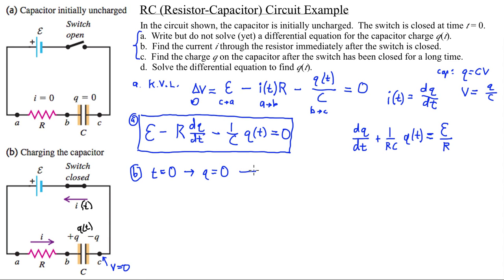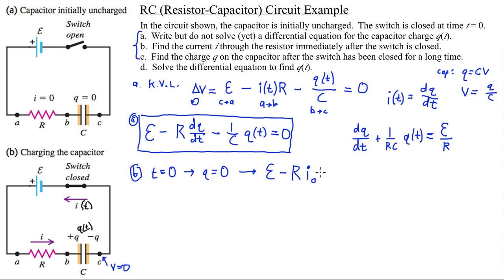I'm going to plug those into our differential equation and get EMF minus R times dq/dt, which at that time is our current, I at time t equals 0, which I'm going to call I0.